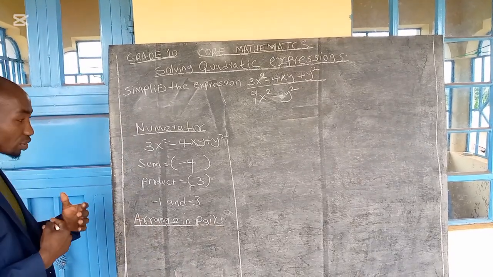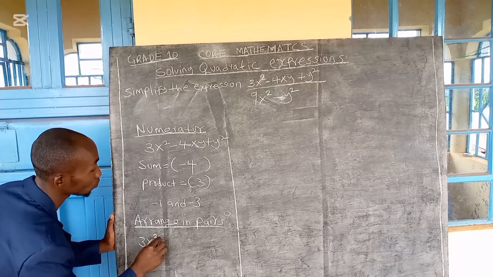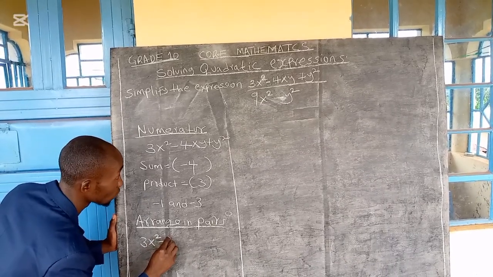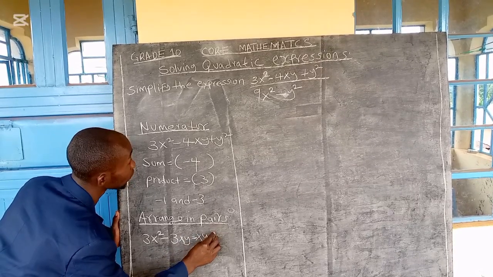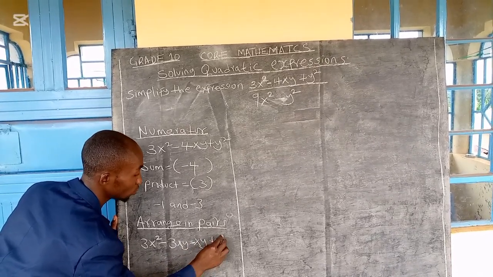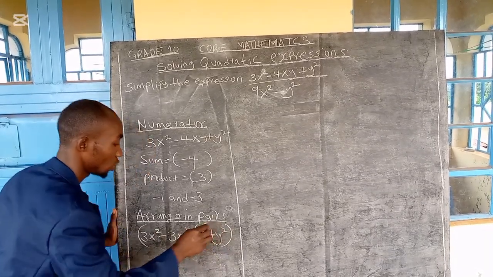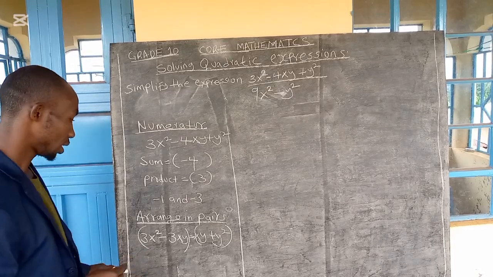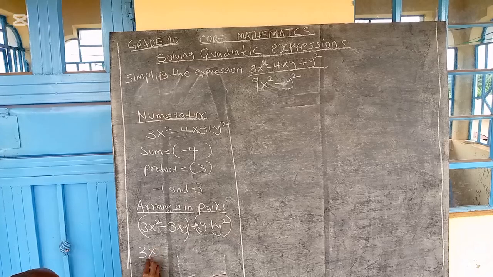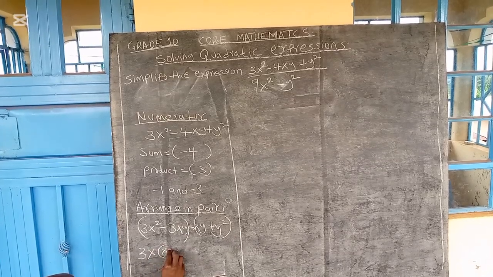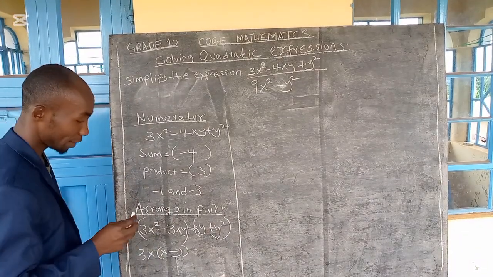So we are going to arrange in pairs in the numerator: 3x squared, and then we have arranged in pairs. Now let us factor out 3.